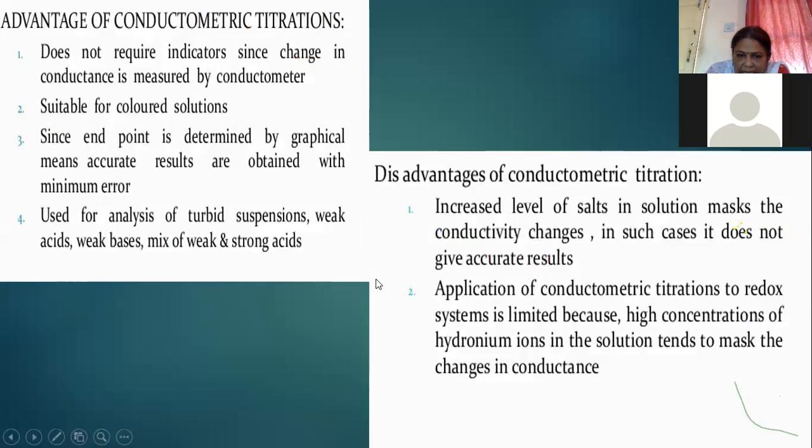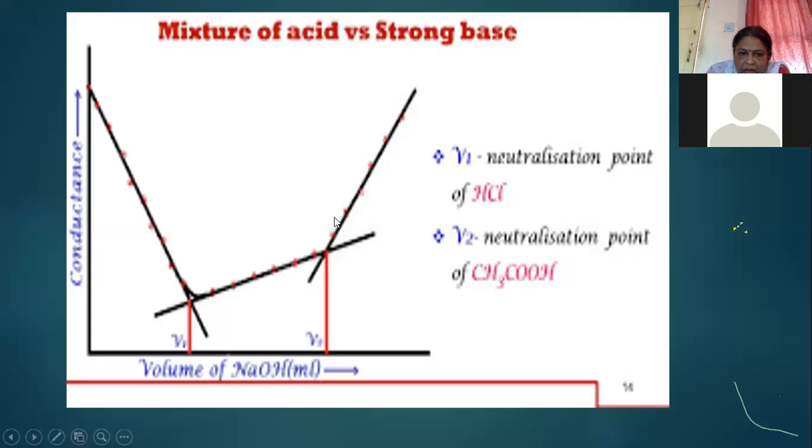Now whatever is there in your syllabus is the titration of an acid mixture with the strong base, that is sodium hydroxide. So I will ask all of you to just go through that experiment once again.